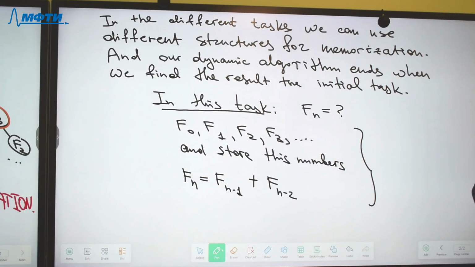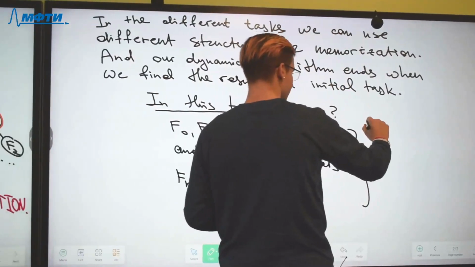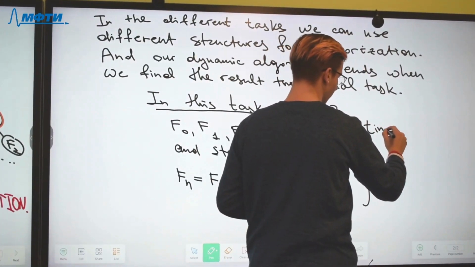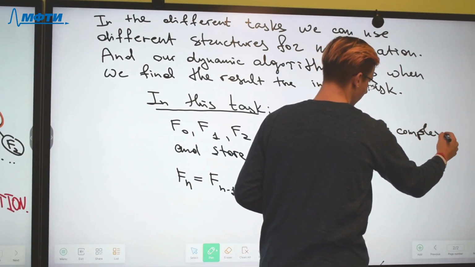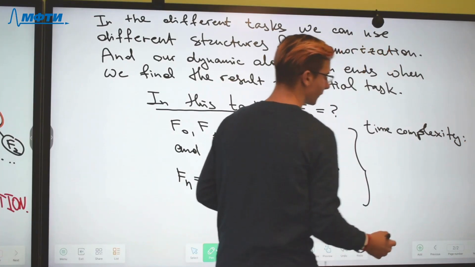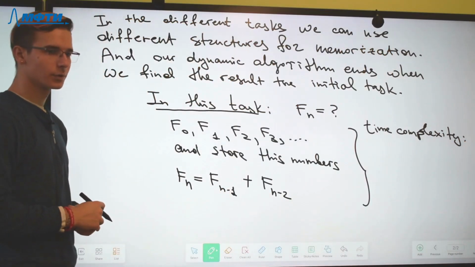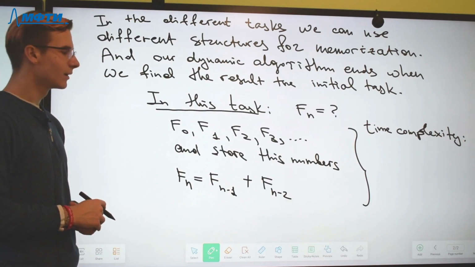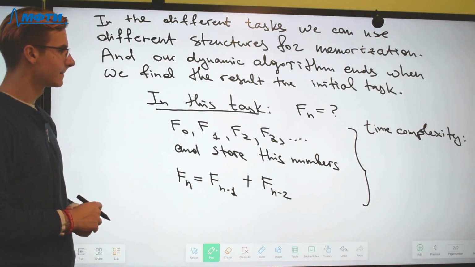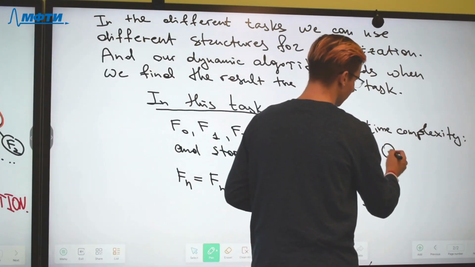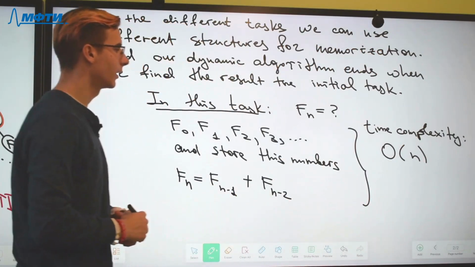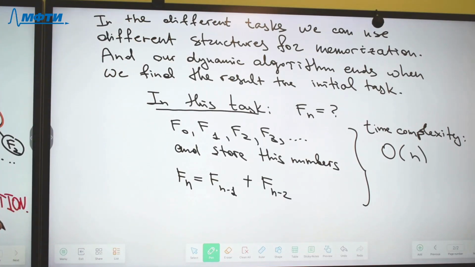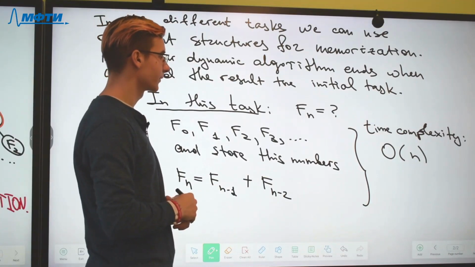So, as we see, the time complexity of the solution is equal to, you know, what is the time complexity? Linear, yeah. It is equal to O from the index of the Fibonacci number that we need to find.